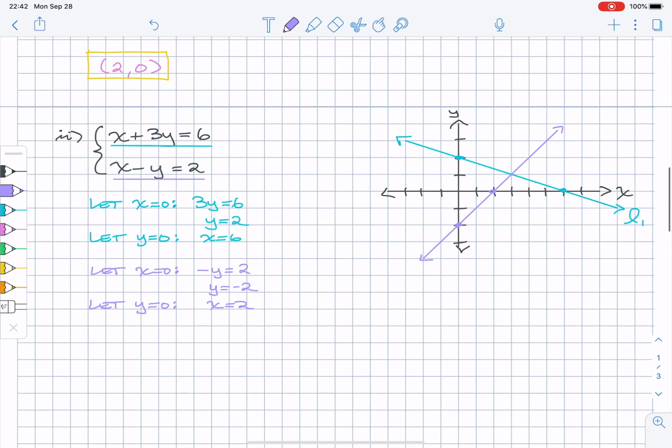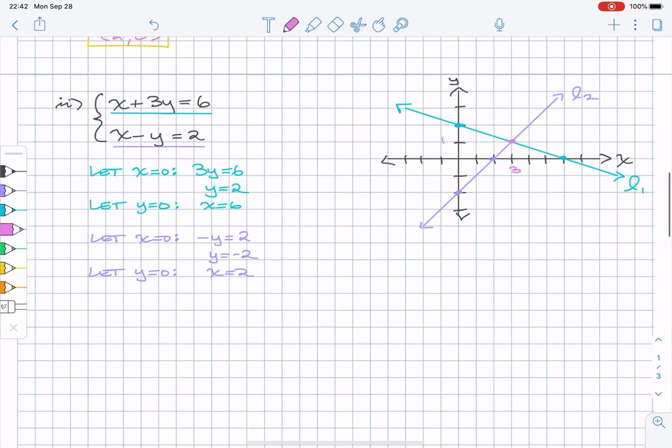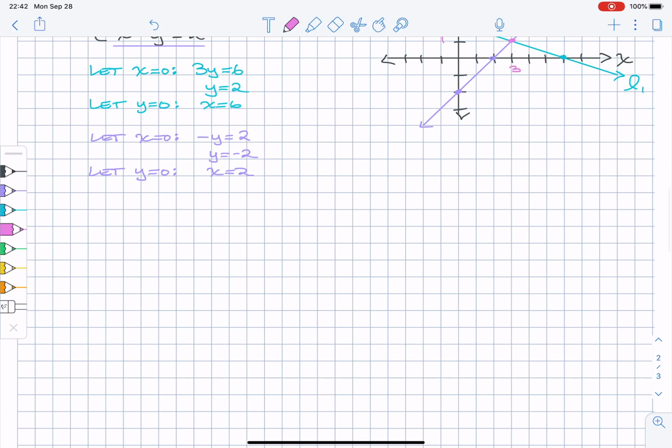Okay, so this is line 2. And so it looks like the point they share here is at 3, 1. So I claim the solution for this will be 3, 1.